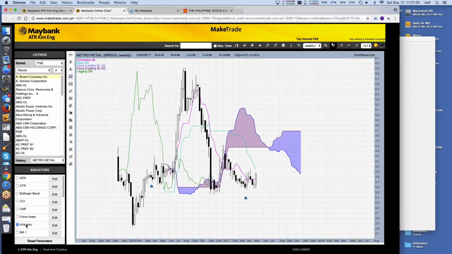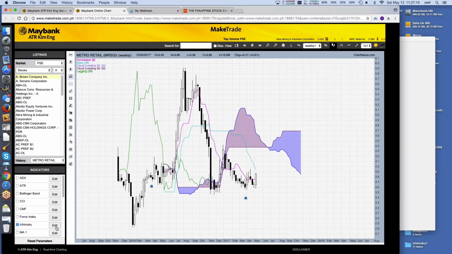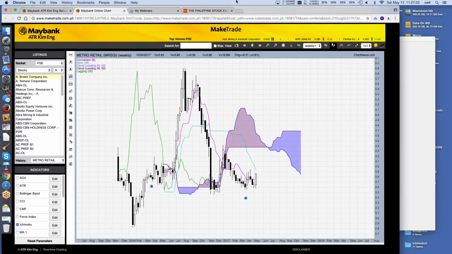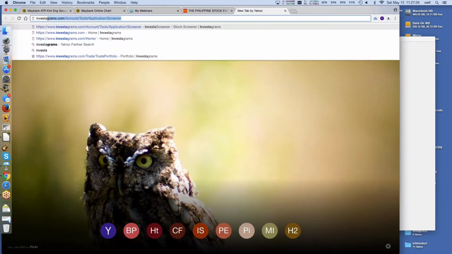That's how you get your Kumos and your Tenkan-sens and your Kijun-sen. Use the default settings. Do not change anything here. These are perfect. Now, if you don't have a MakeTrade account, you can use Investagrams. This is a free platform.